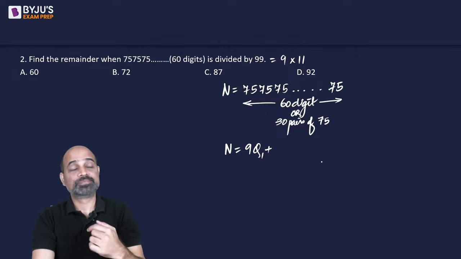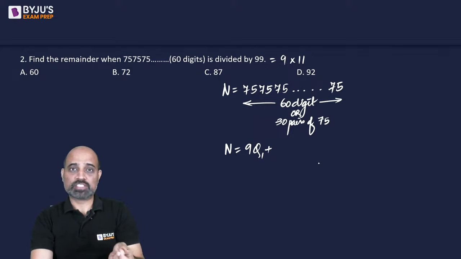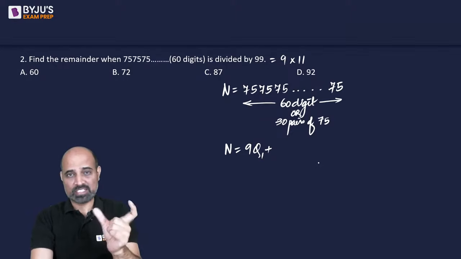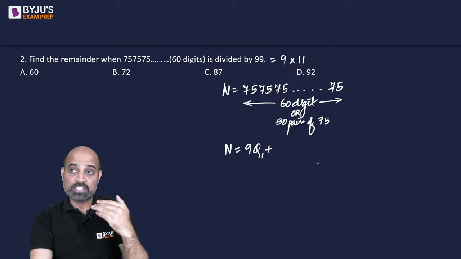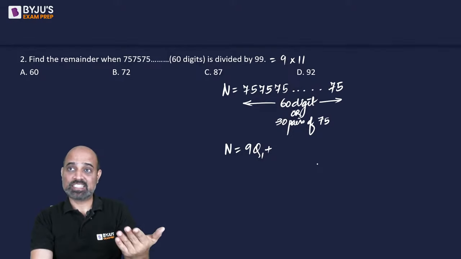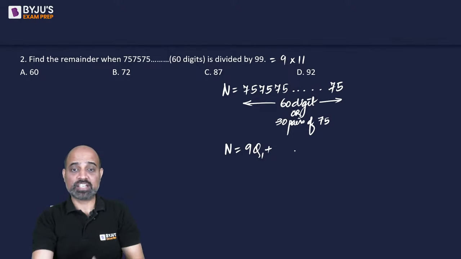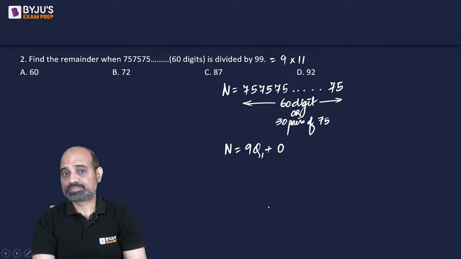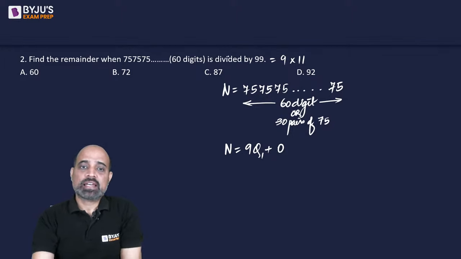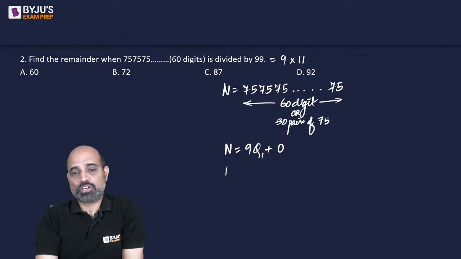Sum of the digits. So 12 into 30, which is 360. So can we say the sum of the digits is 360? Now, if the sum of the digits of a number is 360, then it is definitely divisible by 9, right? So this gives 0. Okay.